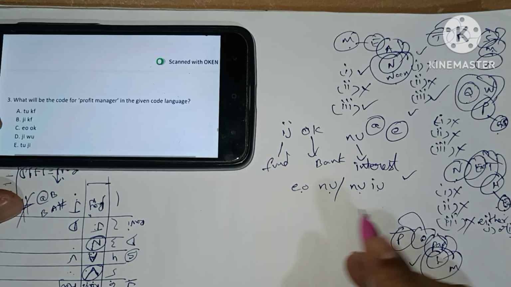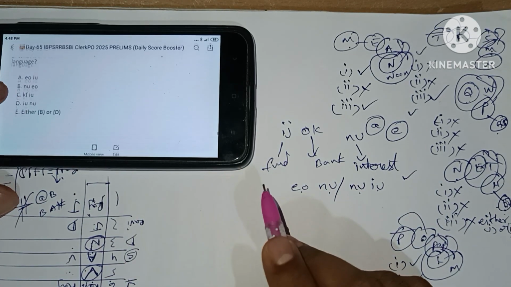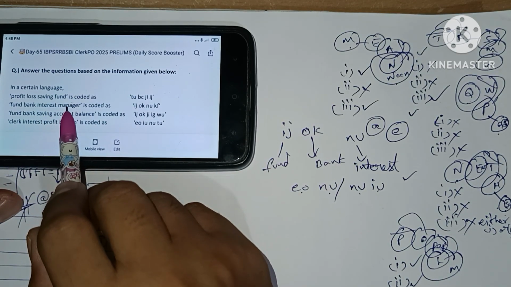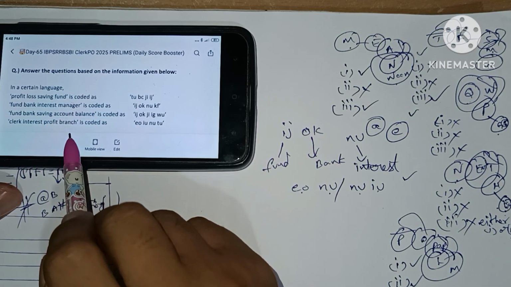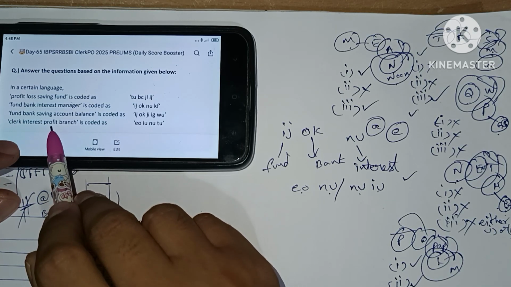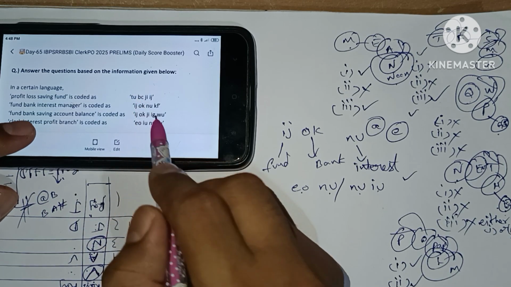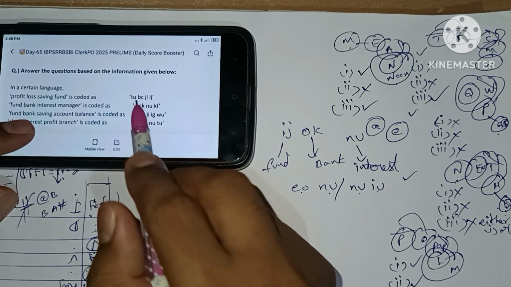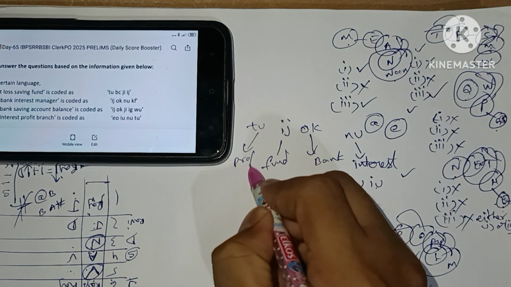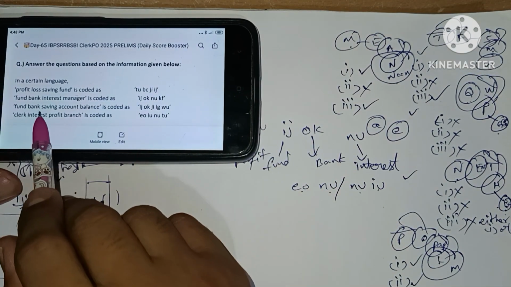Next, third question. Code for profit manager. Here we see manager, and here we see profit. We don't get the profit. Profit value we have is TU. TU is profit, and asked about manager. Where is manager?